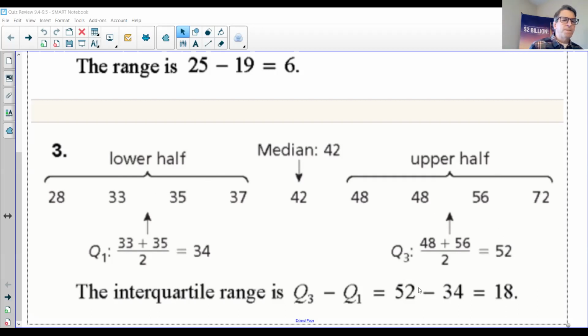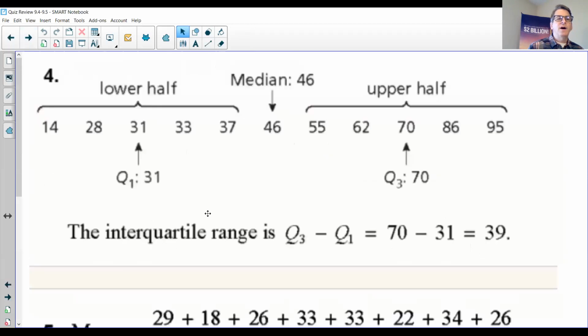Number 4, notice the answer on the screen. You can see that on number 4 we've already laid it all out for you. So we've got 14, 28. You don't want to skip this step either. You want to make sure you rank them smallest to largest. It's going to help you when you're finding the median and identifying your lower half and your upper half.